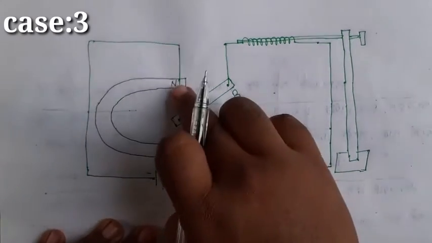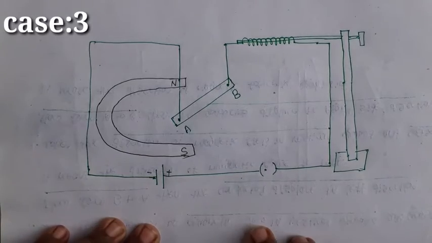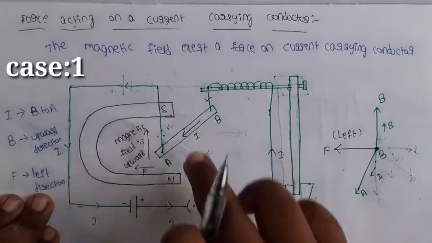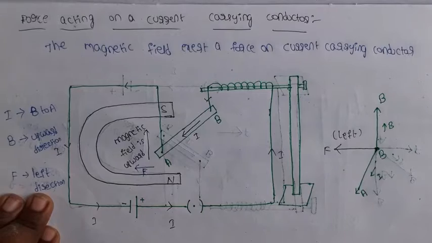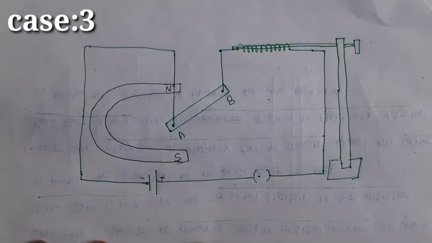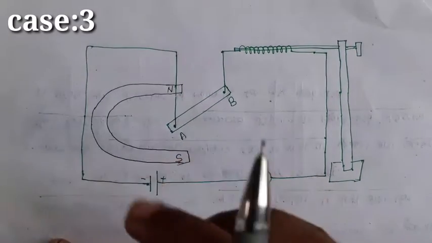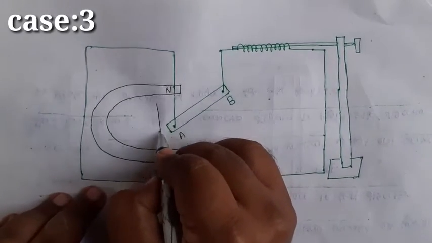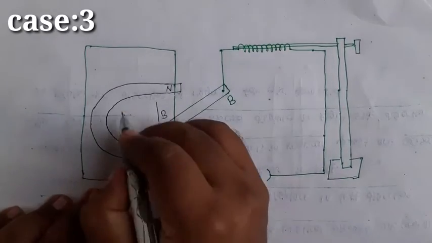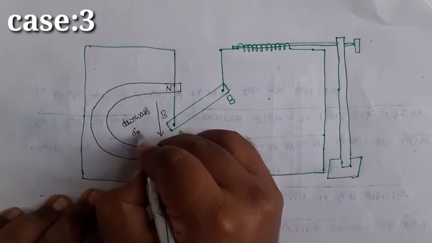In this experiment, this is the north pole of the horseshoe magnet, this is the south pole of the horseshoe magnet. But here, the south pole and north pole are reversed. So the magnetic field direction is north to south, downward.